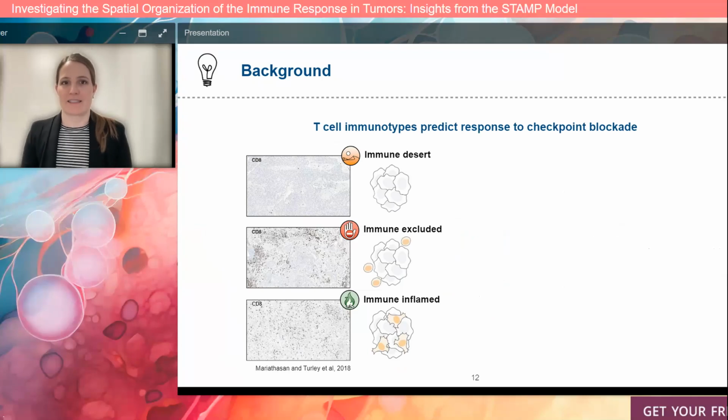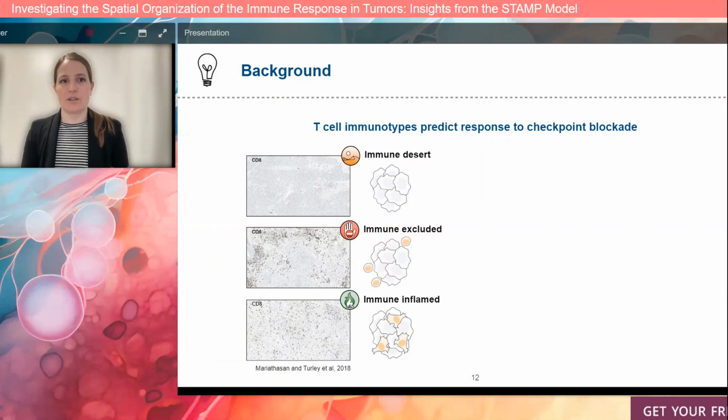Well, from a clinical perspective, it's been well established that patient tumors can be classified into 3 categories of spatial organization based on T cell infiltration. And we call these desert, excluded, and inflamed immunotypes. So if you take a closer look at each of these by IHC, you can see that desert tumors have basically a complete lack of CD8 T cell infiltration.